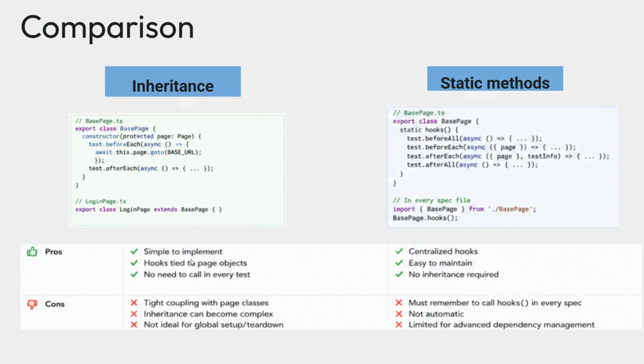So with simple inheritance, you can incorporate this, or you can write static hook methods and call these in each of your tests. Both of them are very easy to implement. We have done the implementations of this in UI utils. You can use the same approach for the hooks as well. Instead of writing the UI utils code, you can write the hooks code for either the inheritance approach or the static method.